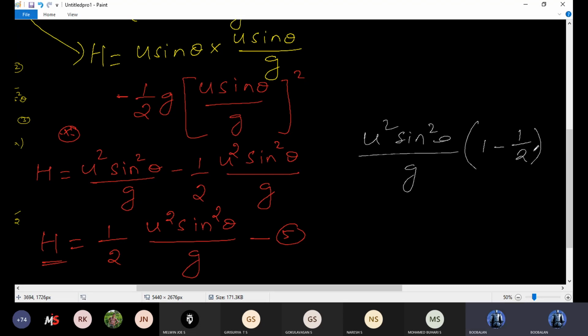So 1 minus 1 by 2 means again remainder 1 by 2. Okay, h value is 1 by 2 u square sin square theta, not sin 2 theta. So write properly in my equation number 5. That is h equal to 1 by 2 u square sin square theta by g. Okay. The next step.